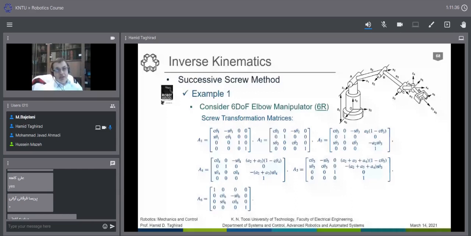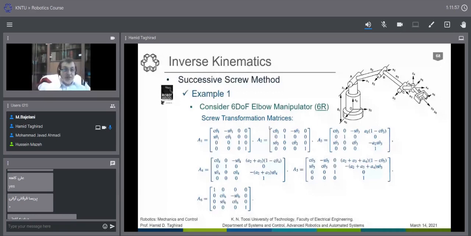Of course, if it is intersecting, you have the separation. But as we see in here, these are not intersecting, and we still can have the solution. This is a very good question. Thank you, Zahra.